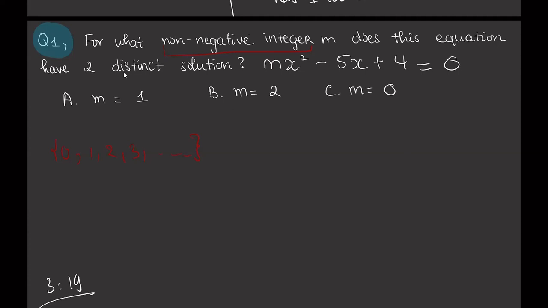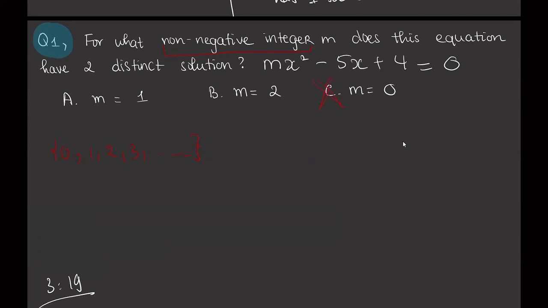But the last one only works if I already give you ABC choices. If you see this question in the test and you don't have the options, then you have to solve it using the discriminant. The first thing I notice is I would never choose this one.